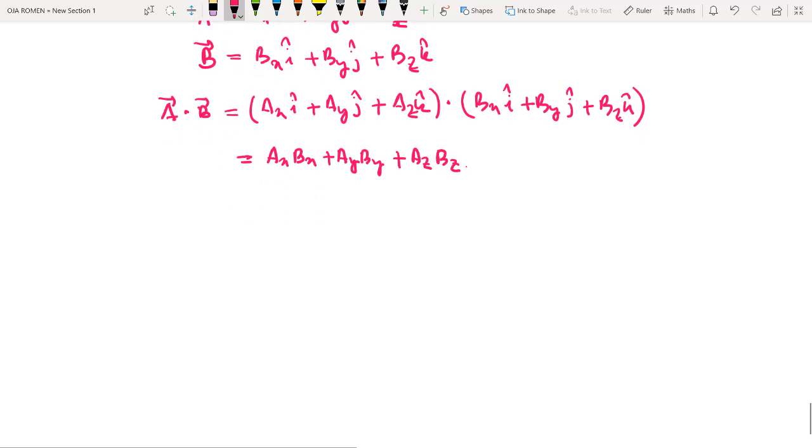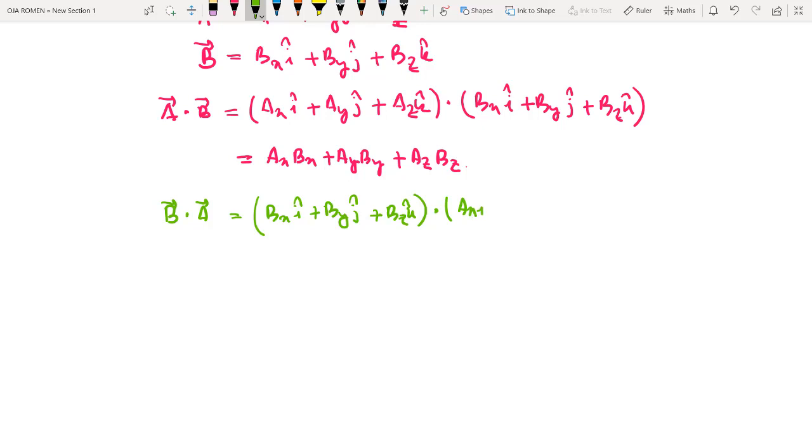Now we can also find B dot A. B dot A is (BXI plus BYJ plus BZK) dot (AXI plus AYJ plus AZK), so this is BXAX plus BYAY plus BZAZ.